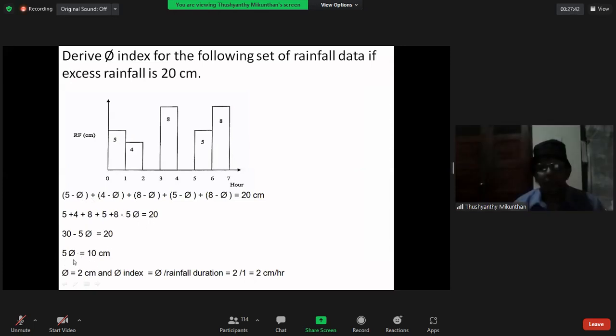Then 5 phi is equal to 10 centimeters, so phi is equal to 2 centimeter. The phi index, because the duration is 1 hour here, is 2 divided by 1, so 2 centimeter per hour. Any clarification in this calculation?